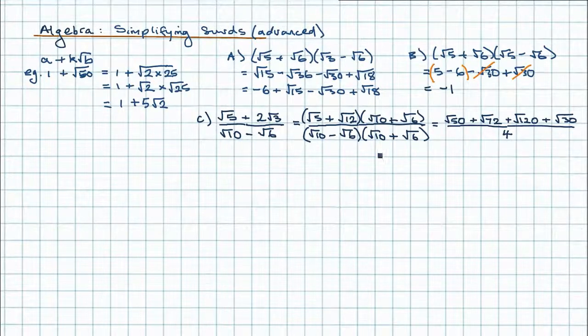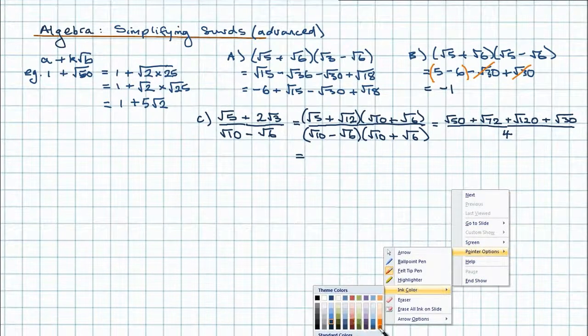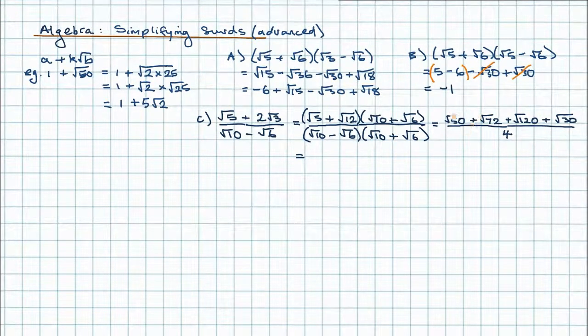And is there anything else we can do? Well, yes, there is. Because if we look at some of these values here, they will simplify, if I just tick the ones that will. So our root 50, well, we're looking for a square in here, and 25 is very often the one that comes up as something we can use.